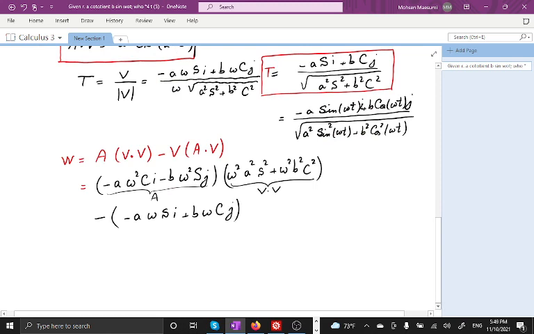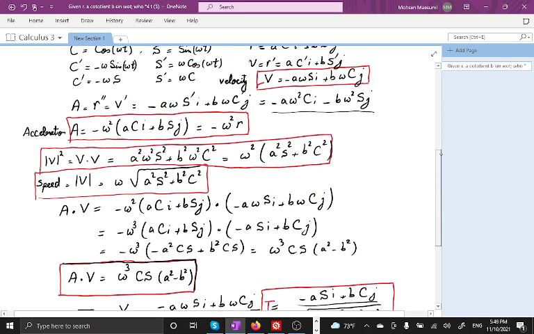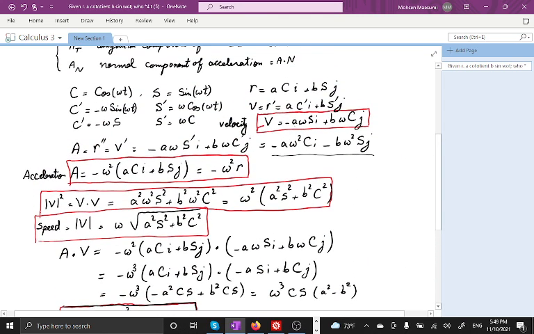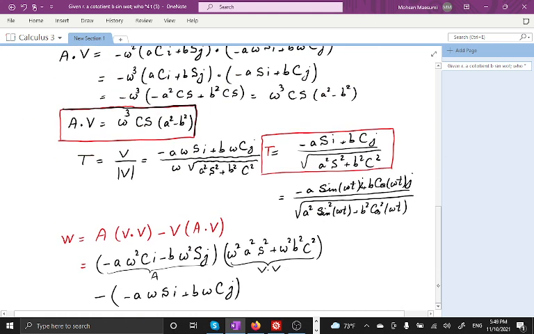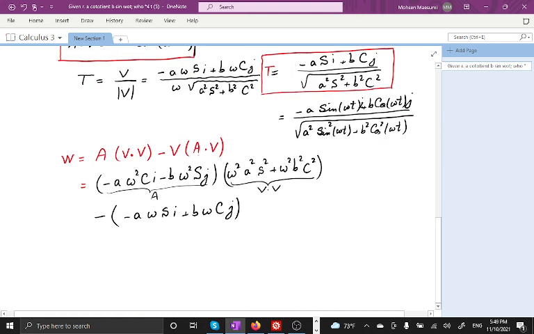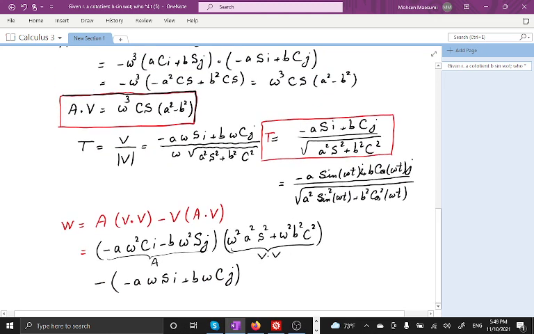Is that right? That was my velocity, minus a omega s i plus b omega c j. That's what I wrote here. And then a dot v, let's see if we can go fish out a dot v. Here's my a dot v: omega cubed cosine sine, a squared minus b squared.